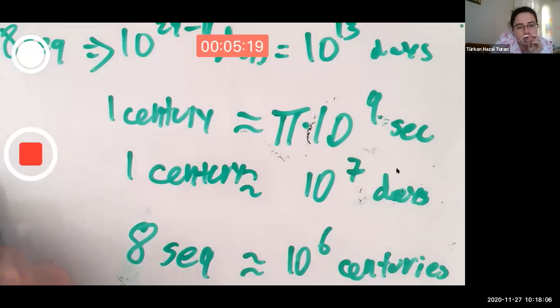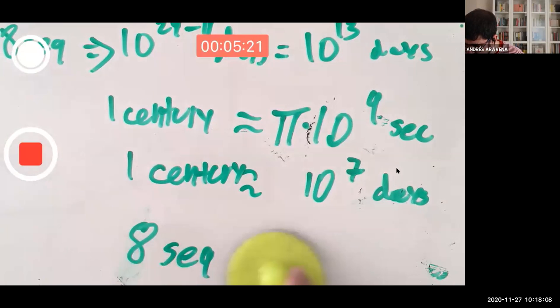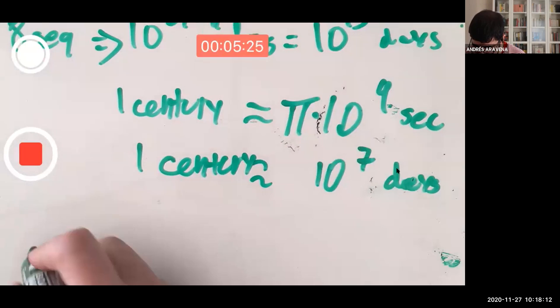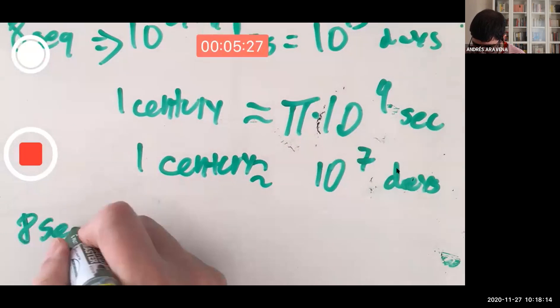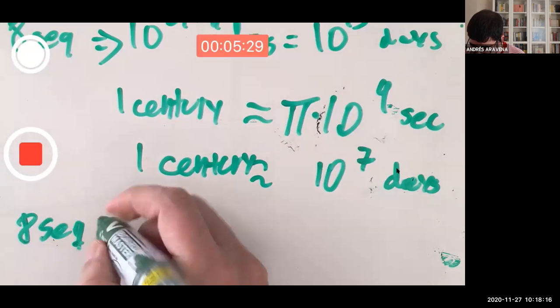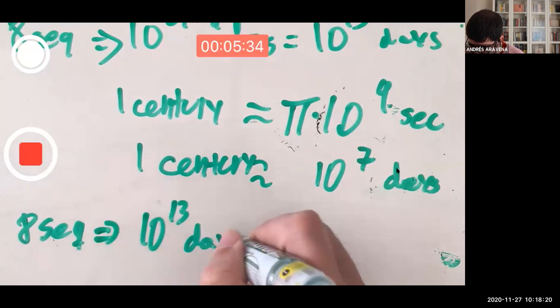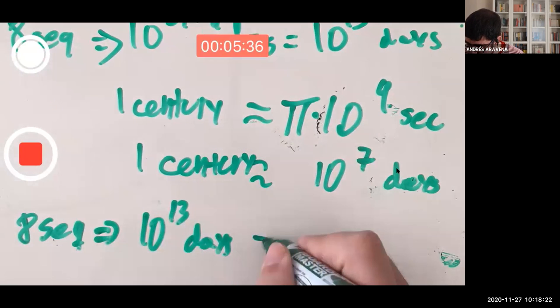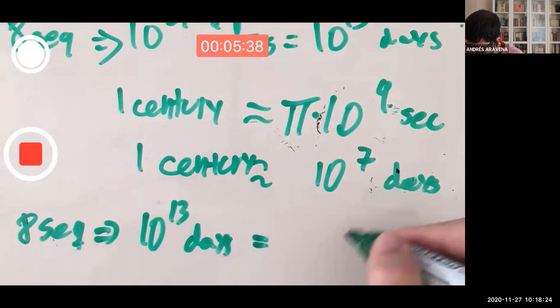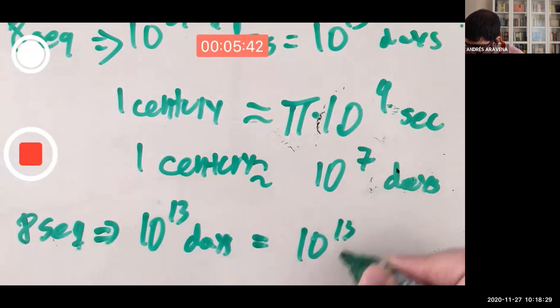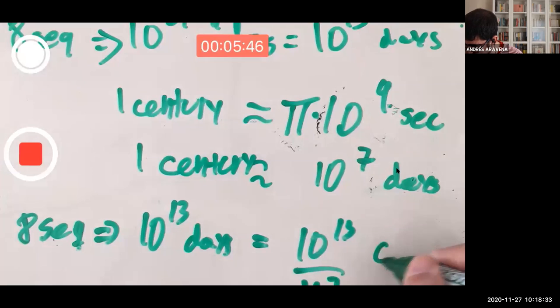Okay, yeah, no. Let's do one step. We say going back here, 8 sequences. We say that they need 10 to the 13 days. That is equal to 10 to the 13 divided by 10 to the 7 centuries.